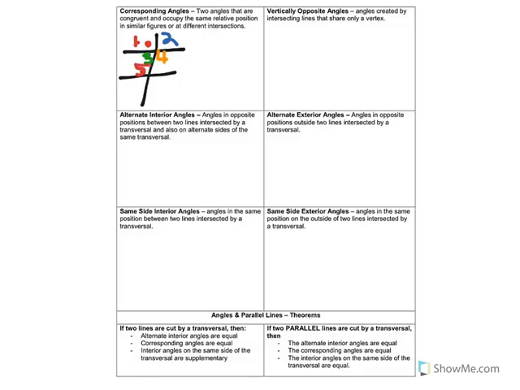Corresponding on here would be 5, 6, 7, and 8. So those are our corresponding angles. So 1 equals 5, 2 equals 6, 3 equals 7, 4 equals 8.